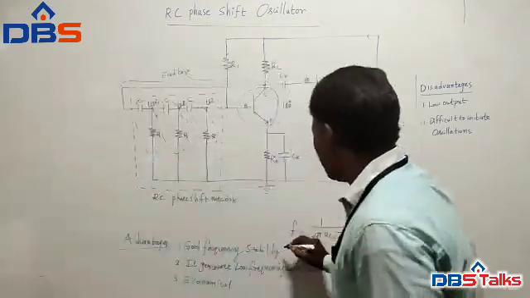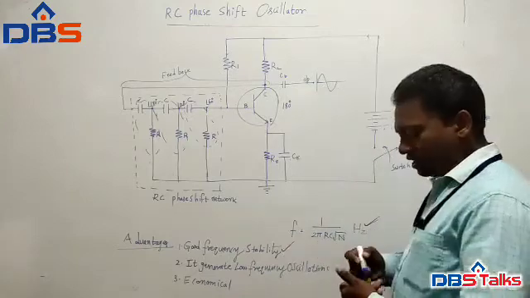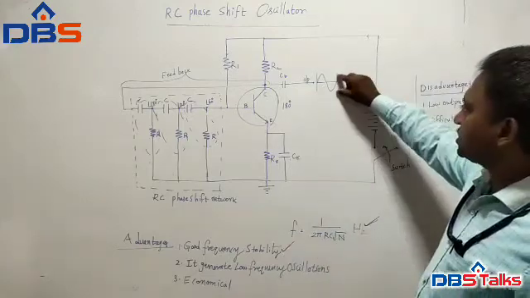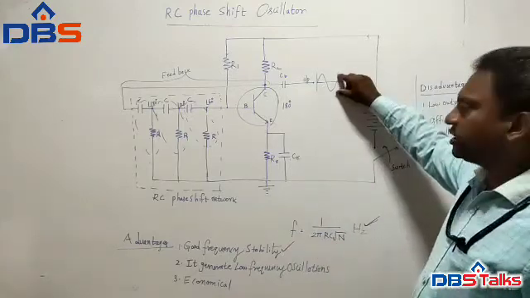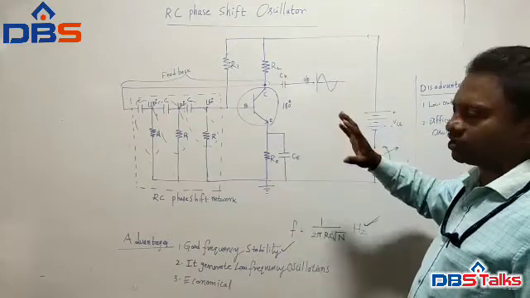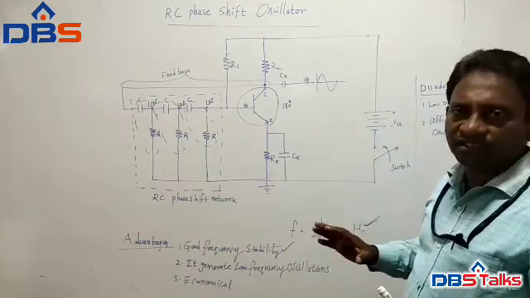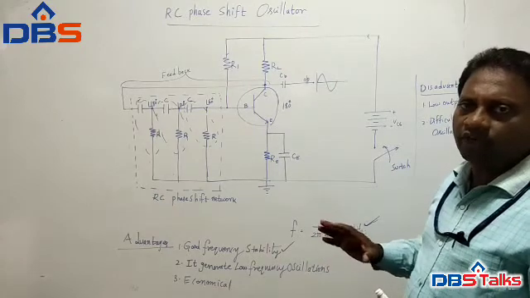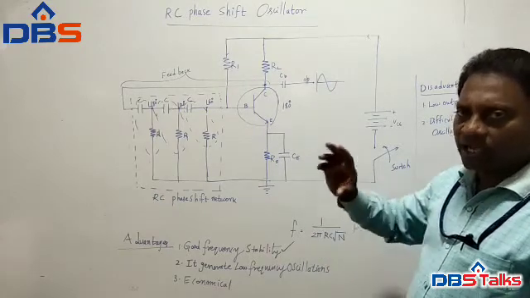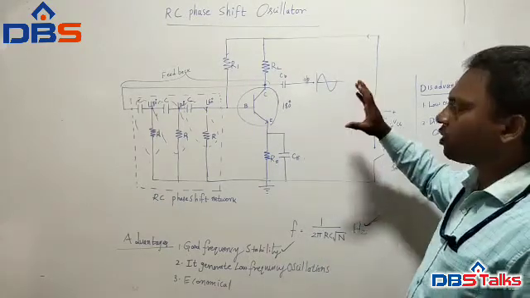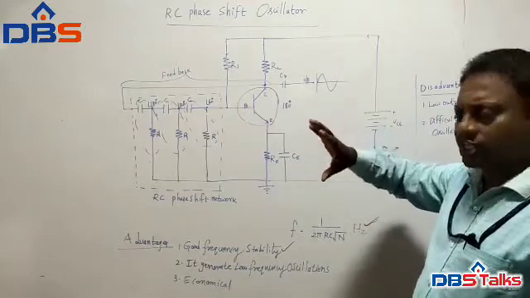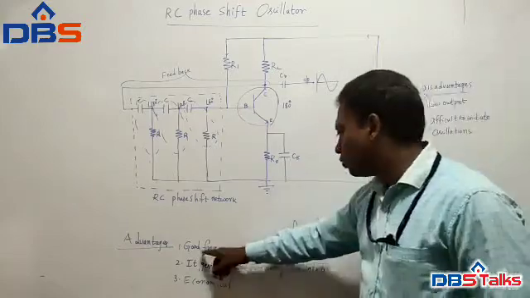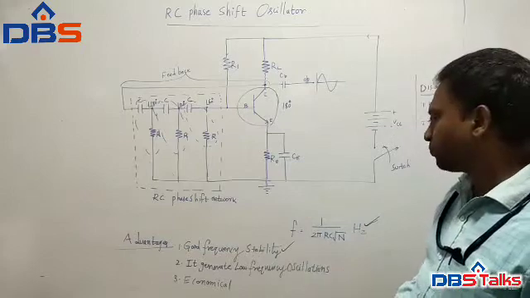Some more advantages are also there. It provides good frequency stability, which means the oscillations produced at the output of the oscillator are stable. Frequency does not change with respect to time, a constant frequency will be there, and the amplitude is also stable and constant.